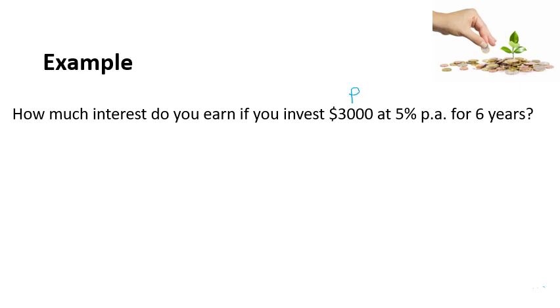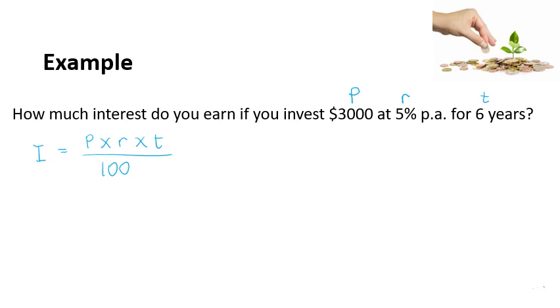The rate is like the percentage, so I label that R, the 5%, and the 6 years is the time, T. Next, I need to write out the formula, so it's I equals P times R times T divided by 100.